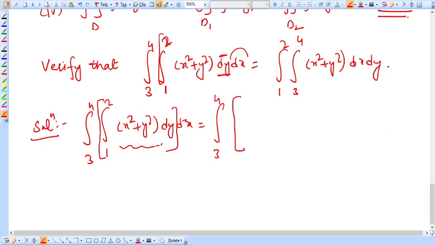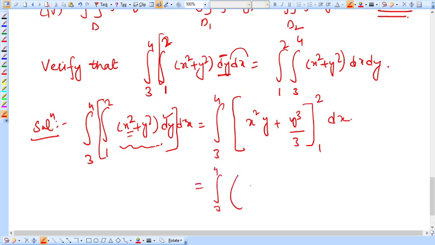Here we are integrating with respect to dy, so x would be treated as constant here. Treating x as a constant, we get x square y plus y cube divided by 3. The limit of integration is 1 to 2 for y, and dx as it is. Now 3 to 4, calculate this, put the value of y, so it would be 2x square plus 8 by 3.